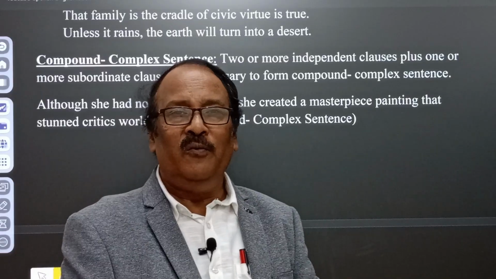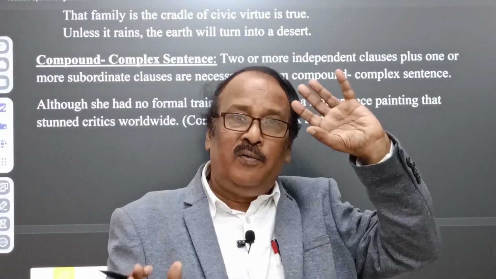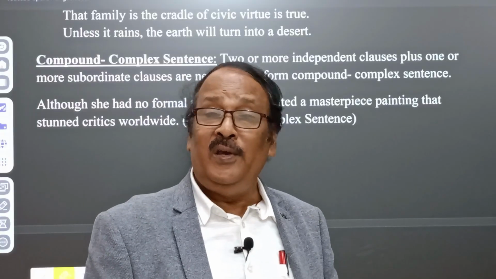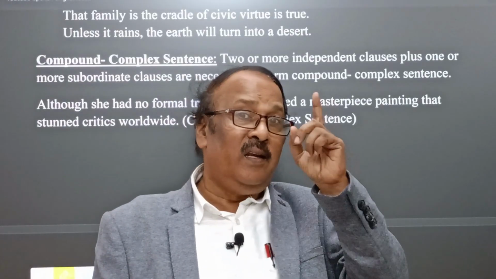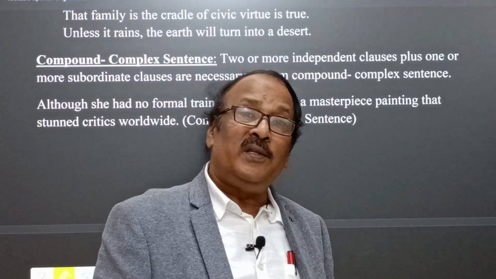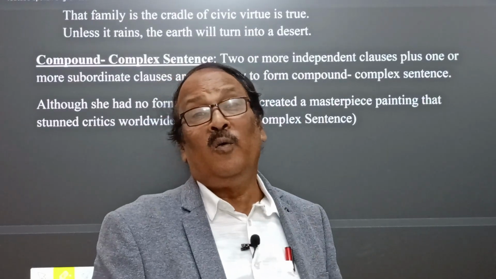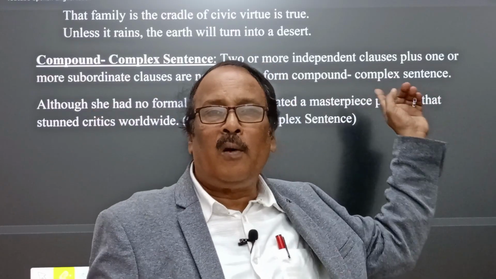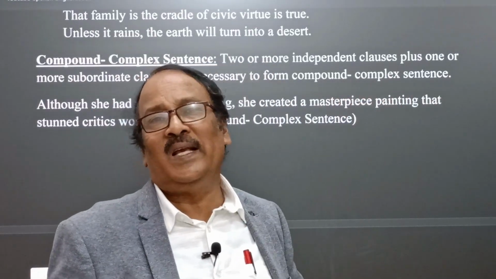In this case, we find the combination of compound and complex. Then how? Here, there is definitely one or two main clauses, and then one or two subordinate clauses combiningly form this compound complex sentence.